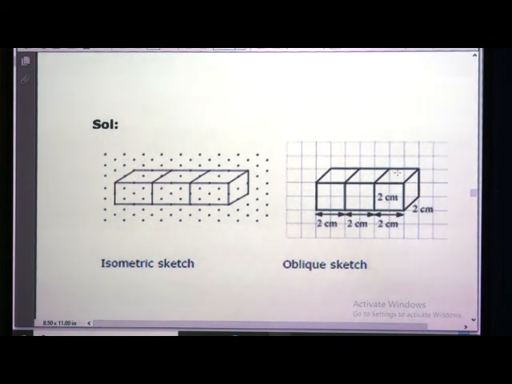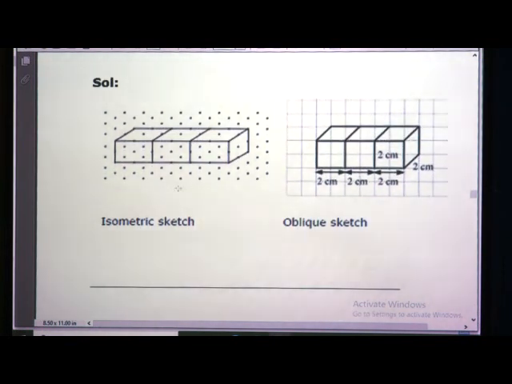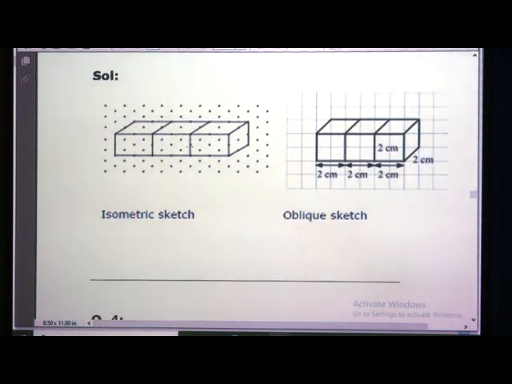So, in this way, when the cubes are kept near each other, after seeing the oblique sketch as well as the isometric sketch, we can say that the given figure looks like a rectangle, or rather a cuboid shape, because it is a 3D shape, since we can find all the sides: length, breadth and height.